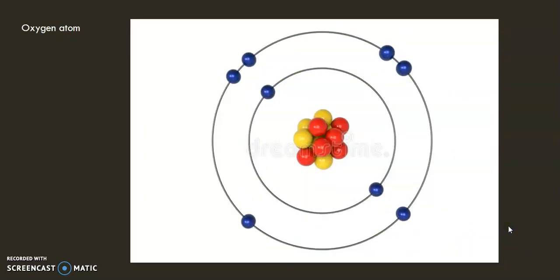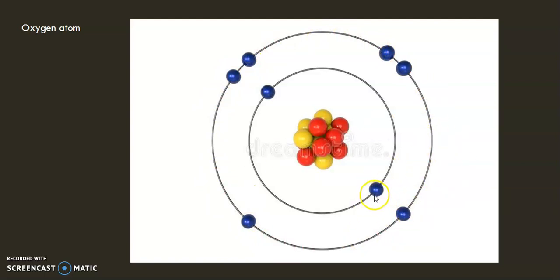All right, oxygen atom, another one, with protons and neutrons in the center. The innermost shell has 2, which means it's full. But this oxygen atom has 6 more electrons, and they fill the outermost electron shell. So this has 6, and it wants 2 more electrons.